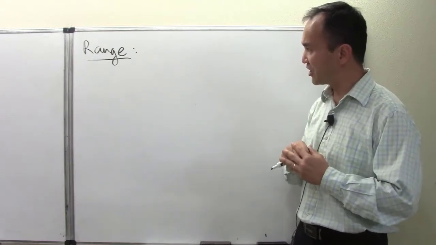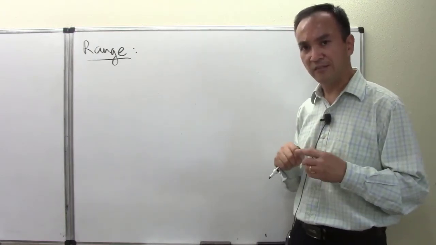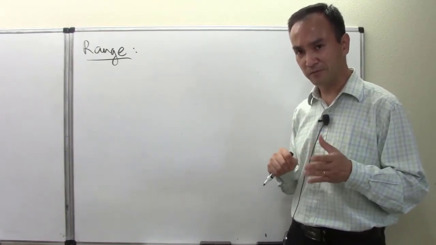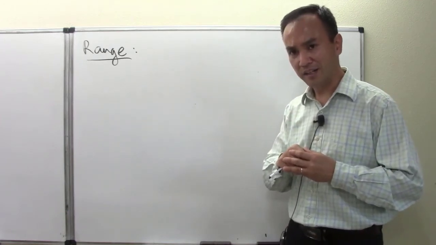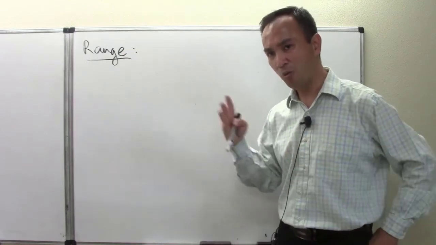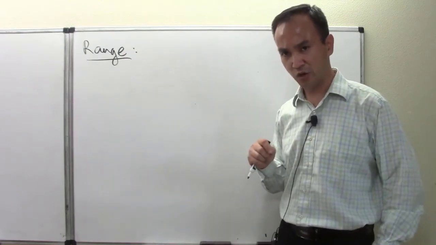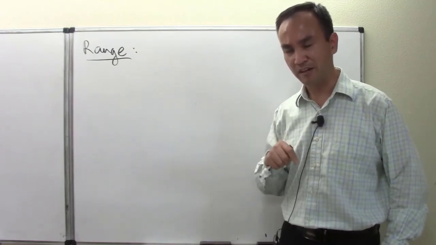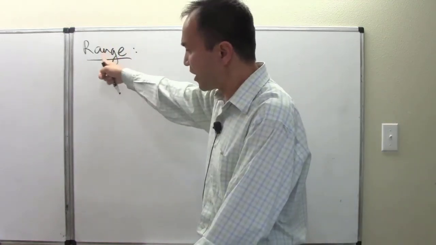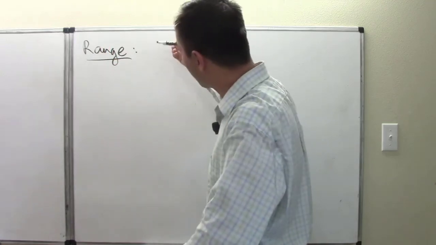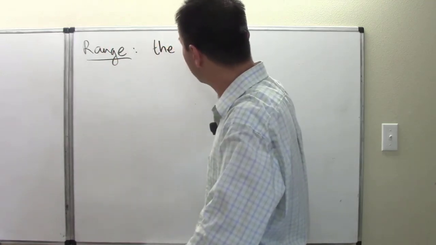Just like I explained earlier, I found this wording from one particular textbook that I'm using here, which is quite consistent with my own way of explaining domain and range. So allow me to use the wording from this specific textbook. The range is itself a set.